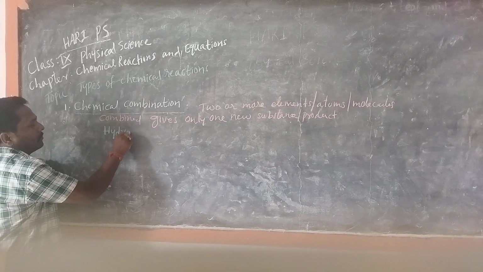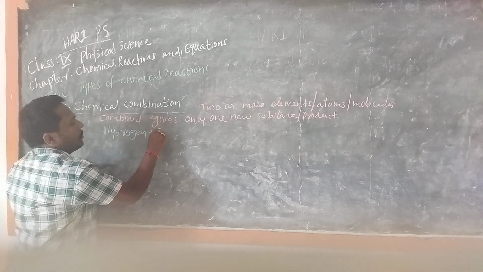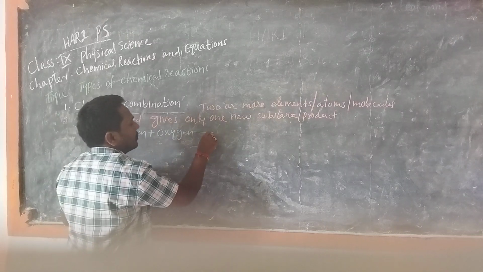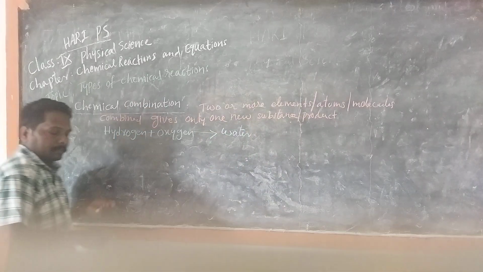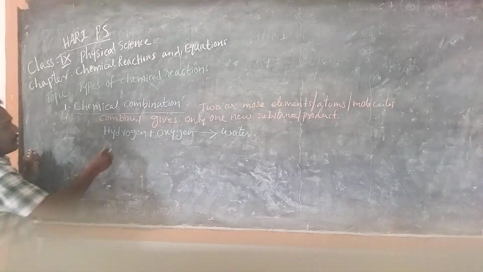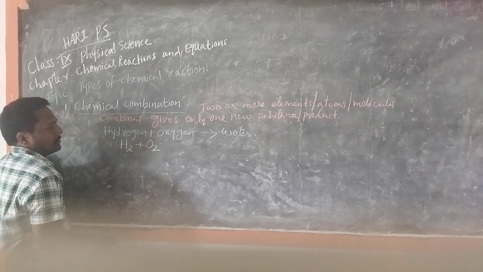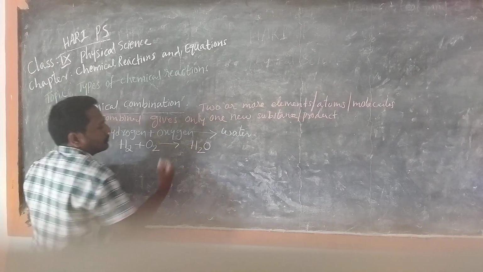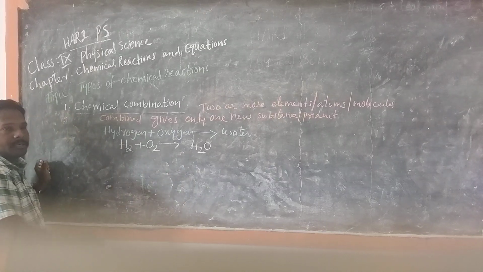For example, let us take this simple example. Hydrogen combined with oxygen gives the molecule water. Hydrogen plus oxygen gives H2O. Observe whether it is a balanced chemical equation or not.